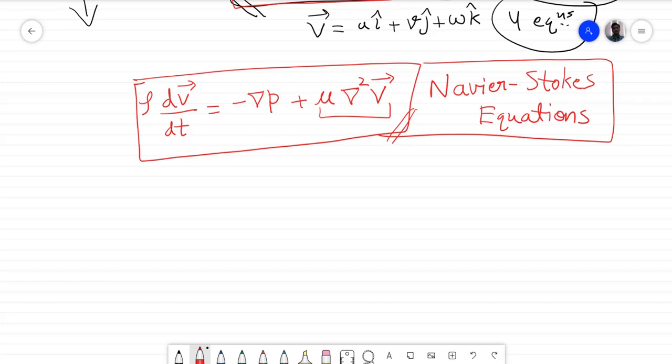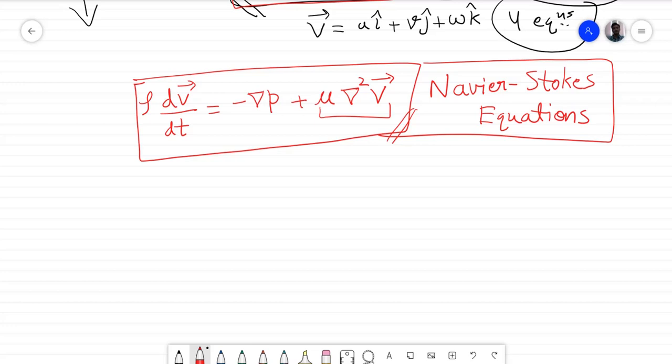Okay, so we'll discuss more about this equation, and we'll solve some simple problems which can be analytically solved using the Navier-Stokes equations. And we'll see how to apply boundary conditions in this equation.